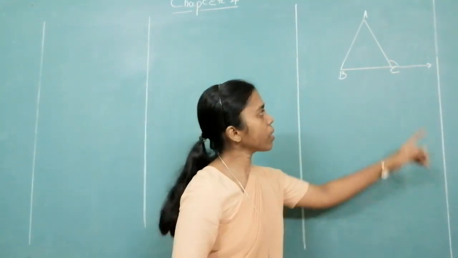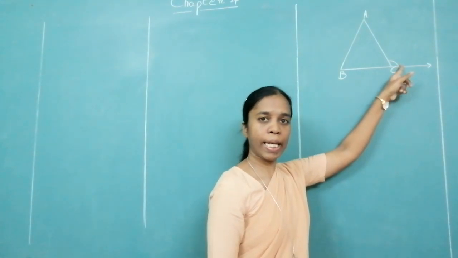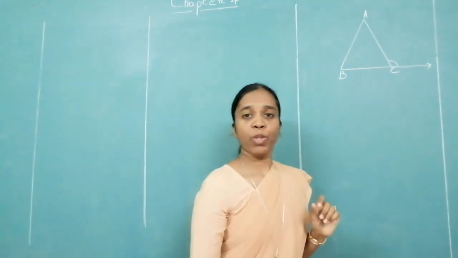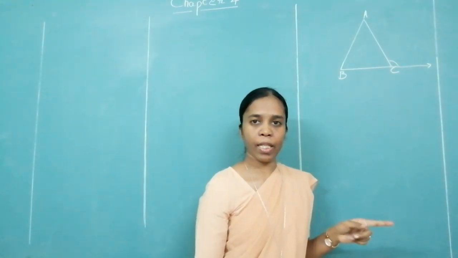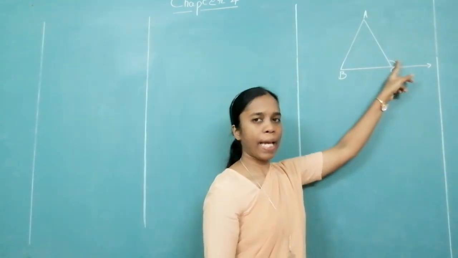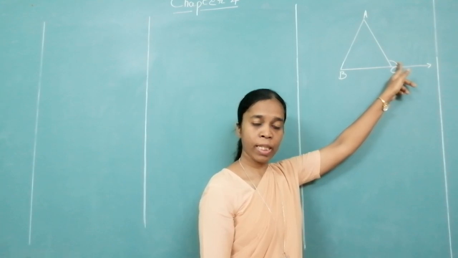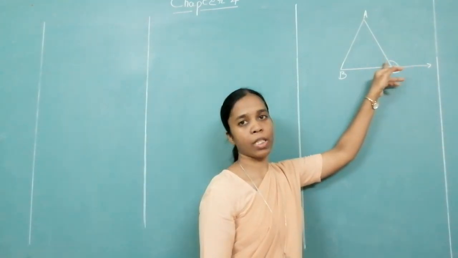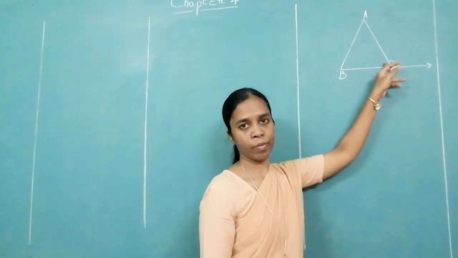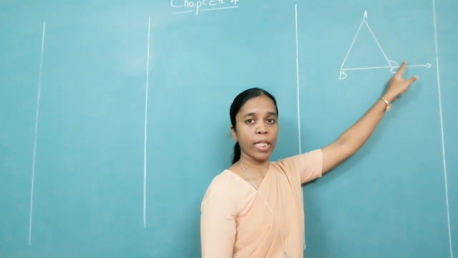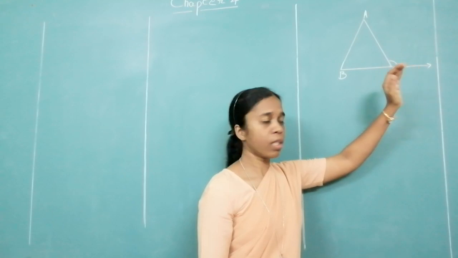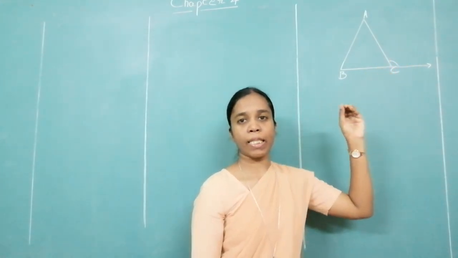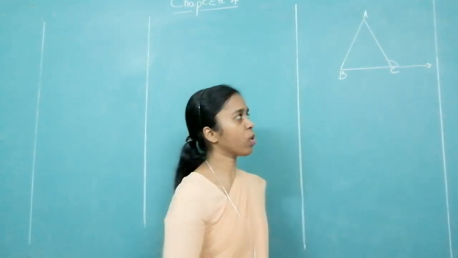This angle is known as an exterior angle of the triangle. When do we call it an exterior angle? If this angle forms a linear pair with the interior angle of the triangle, then we call it an exterior angle of this triangle.